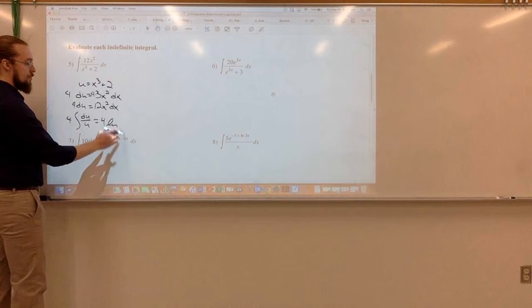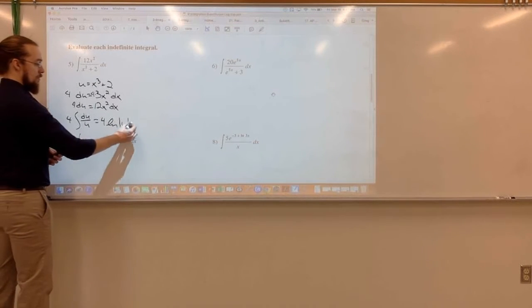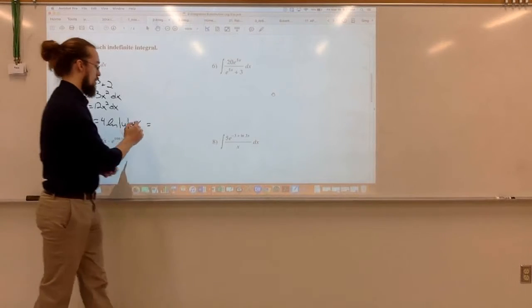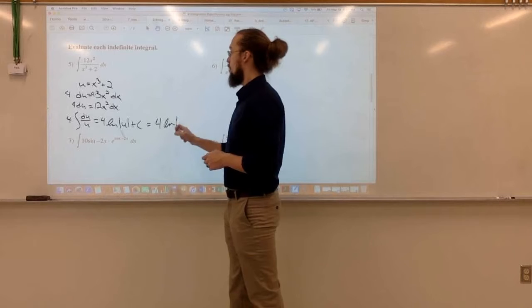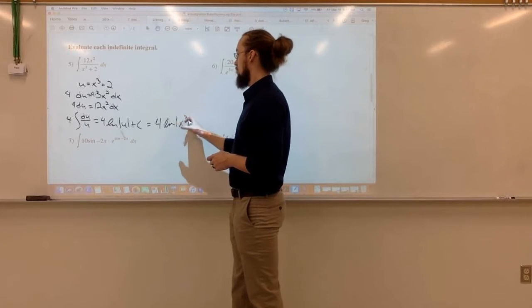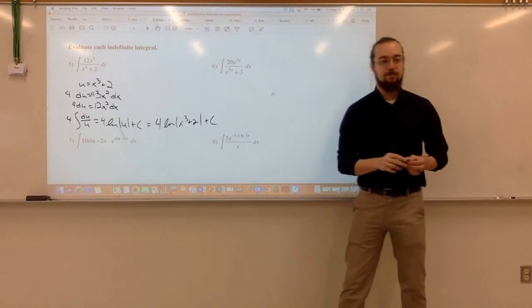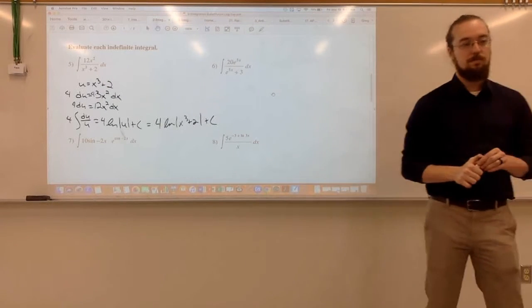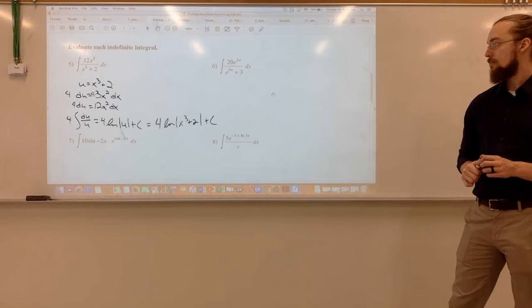So the antiderivative of that would be 4 times the natural log of the absolute value of u, which would be 4 times natural log of x cubed plus 2. Yeah, your answer says 4 ln of 2x to the cube plus 4 plus c.